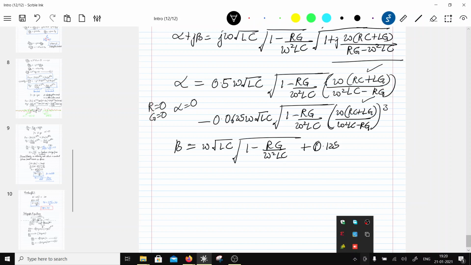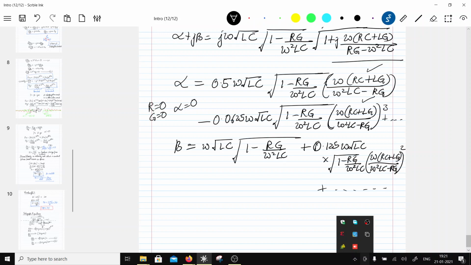So this is going to be equal to omega root of LC times of root of 1 minus Rg over omega square LC times of this term, omega Rc plus Lg divided by omega square LC minus Rg, squared. Okay, and so on. So all the even order terms will come here, and all the odd order terms will go there.